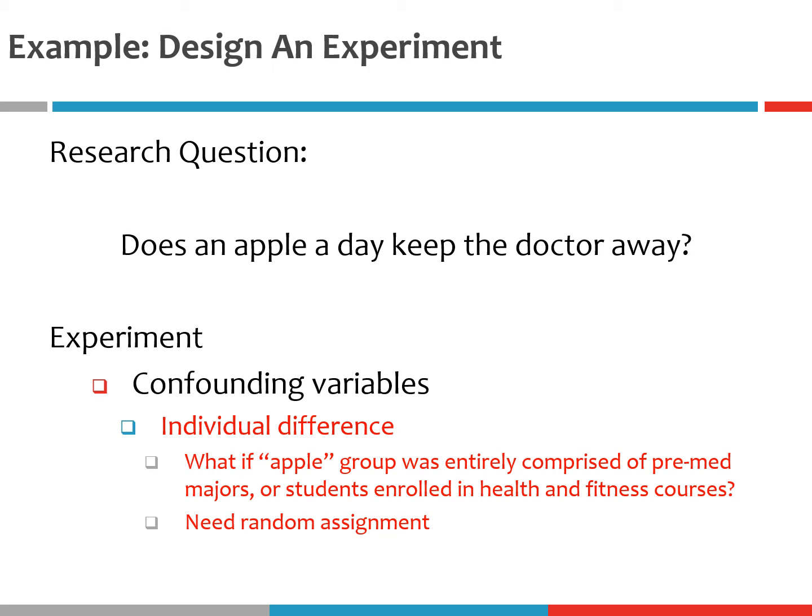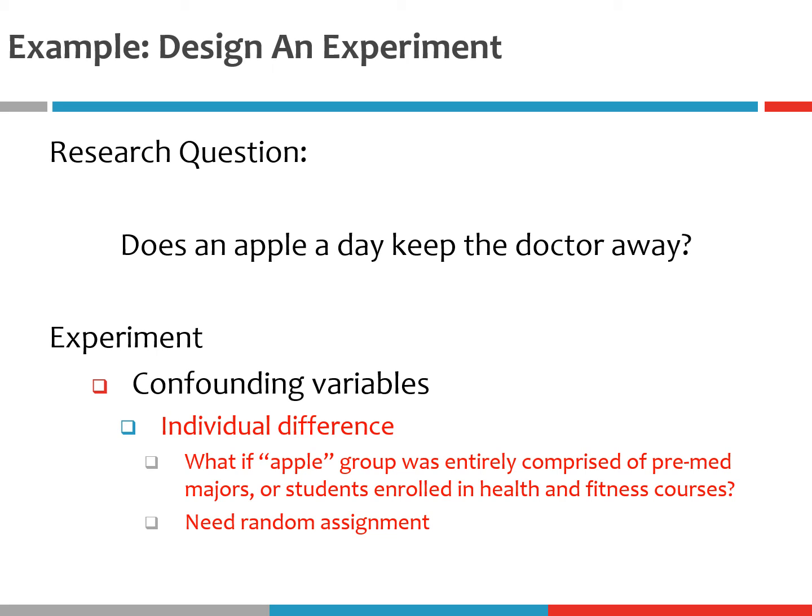So I've given you an example here. If we had an apple group or experimental group that was entirely comprised of pre-med majors, right? It's certainly within reason to expect that someone with a more in-depth knowledge of health might already be familiar with the deleterious consequences of an unhealthy diet, and therefore they might eat healthier than other majors, right?